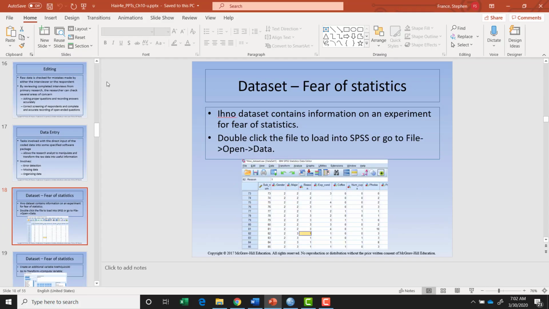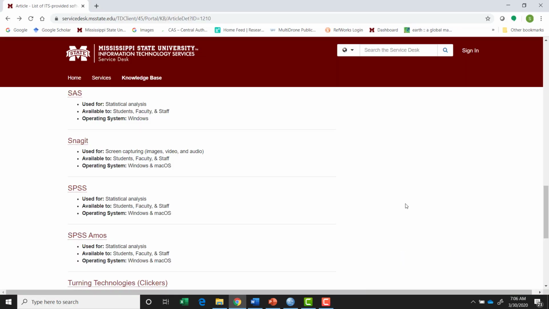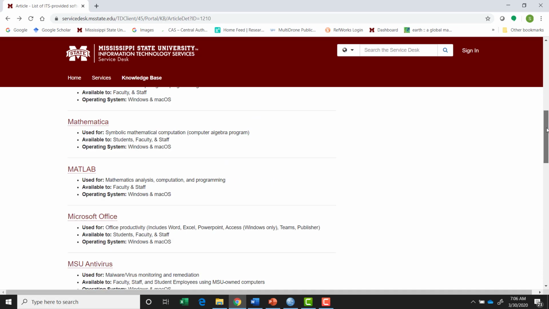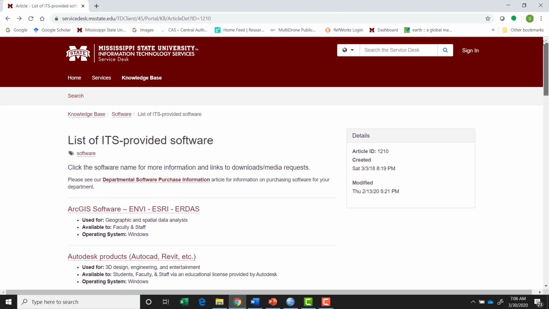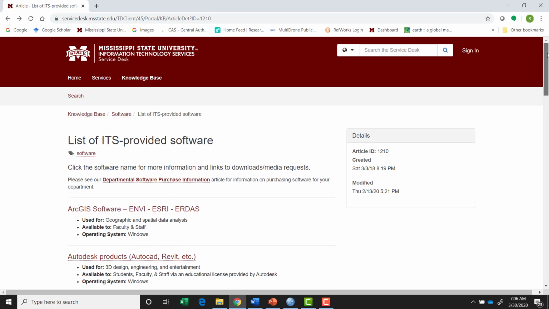Okay, so we have our data set, and our data set is this data set on fear of statistics. This is the Mississippi State University Information Services website. So just go to Mississippi State, go to the software site.